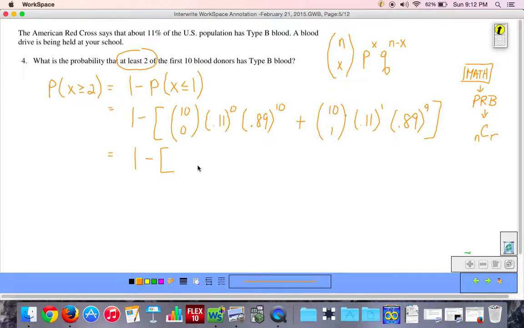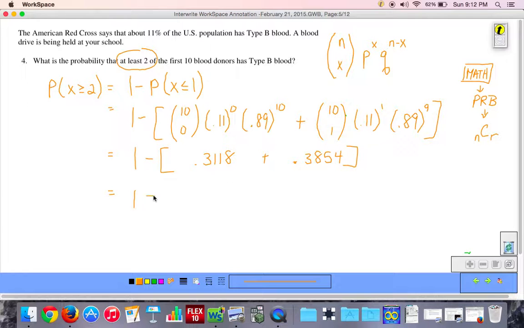And when I did that, I got 0.3118. And then I took a minute and found the product of these 3 numbers, and I got 0.3854.